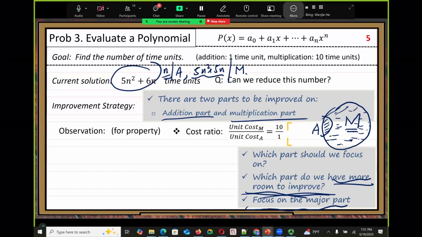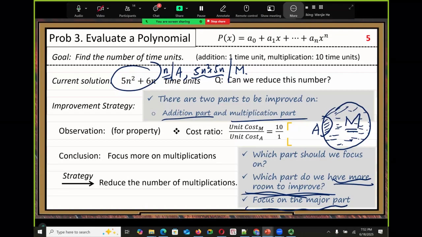Focus means we put our limited resource on the major part, the multiplication part. Then our gain is much bigger than the opposite way, where you put your limited resource on the minor addition part, then your gain is very little. So that's the main point. Conclusion: focus more on multiplications.